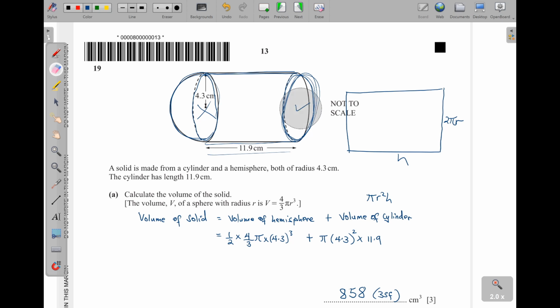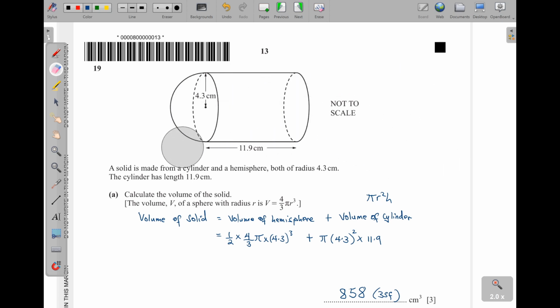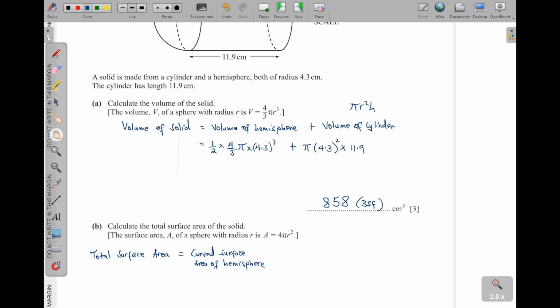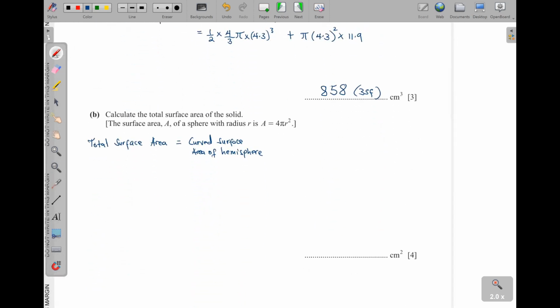Now, we are going to have curved surface area of the hemisphere, then plus the curved surface area of the cylinder. Okay, and then we have the circular area. Okay, area of a circle.